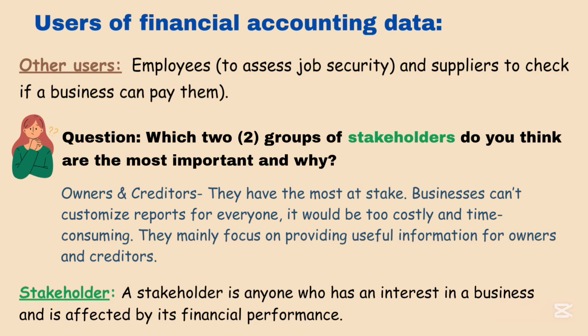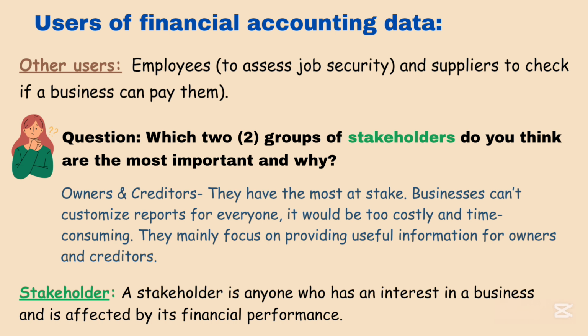Now, I'd like to point out 2 additional uses of financial information and also highlight the main uses that businesses focus on. Employees who assess job security and suppliers who check if a business can pay them. So which 2 groups of stakeholders are the most important? Owners and creditors.